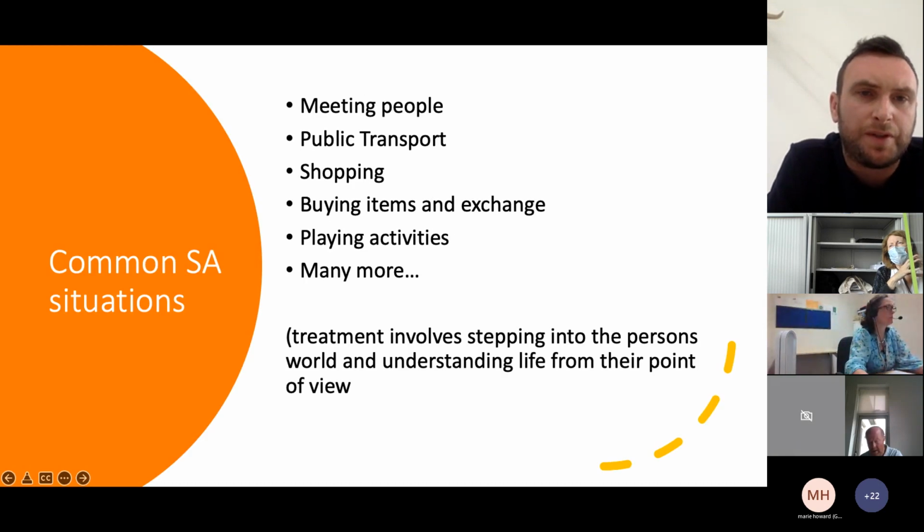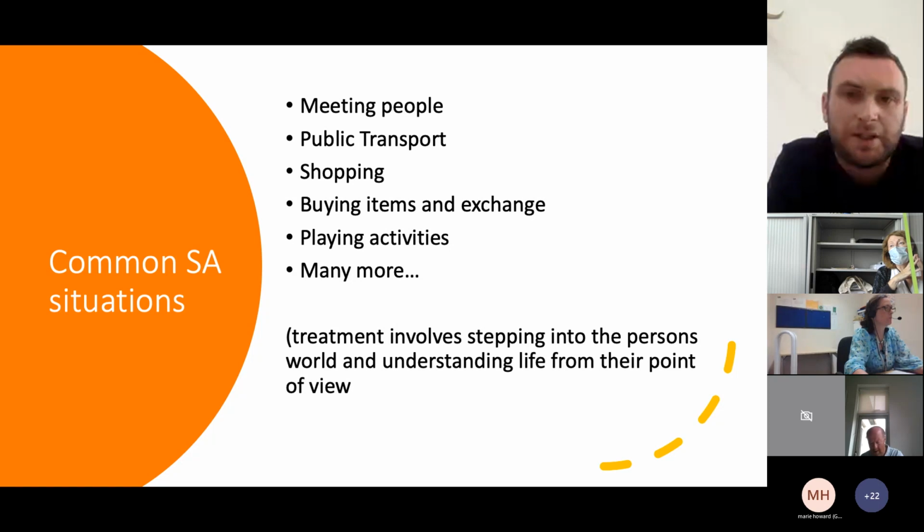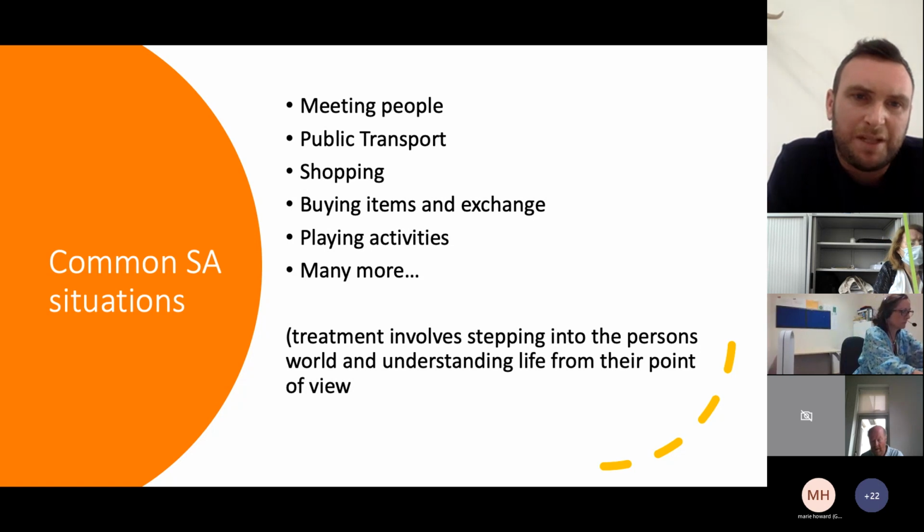Common social anxiety situations that people present with are meeting people, public transport difficulties, shopping, buying items, exchanging items, playing certain activities, and many, many more. So the treatment involves stepping into the person's world and understanding life from their point of view. CBT is all about the devil being in the detail and trying to understand what exactly the person means whenever they're talking about things.